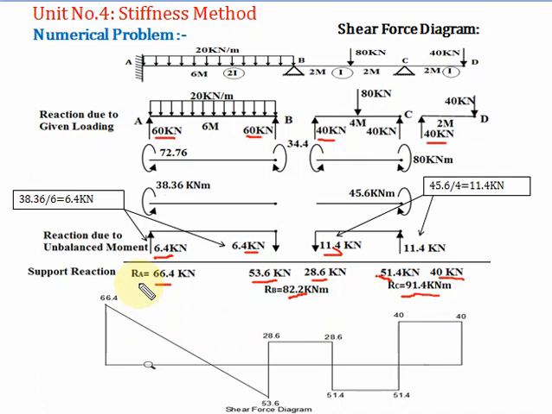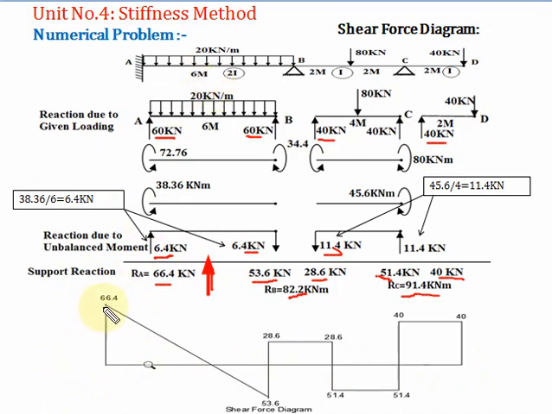Okay, so here we have found out the support reactions. Now what is the reaction at E? 66.4, how is it acting? It is acting upward. Okay, so here I have shown the values. First you have to draw the horizontal line, then here I have shown 66.4.